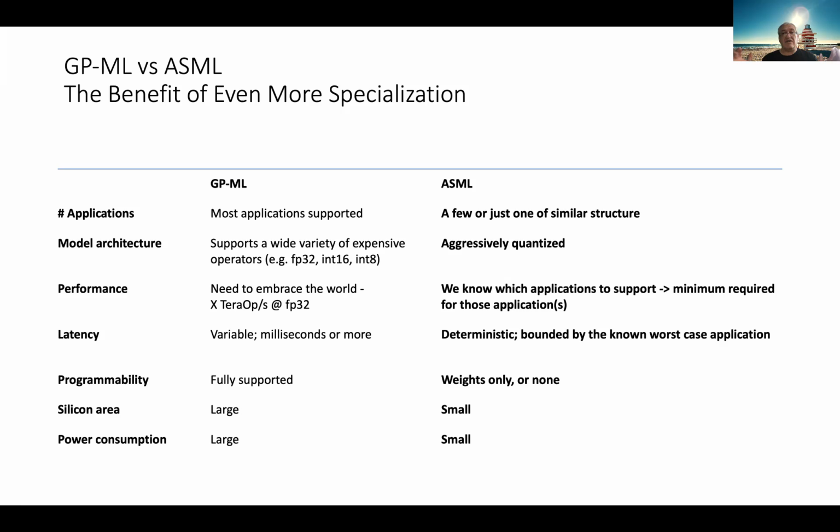So because we're aggressively quantizing the model and getting the model as small as possible, we have a silicon area and power consumption that is very small, whereas power consumption and silicon area for generic purpose ML is usually considered to be large.